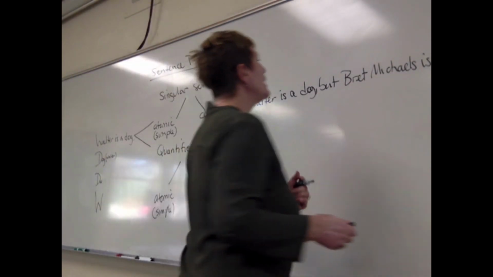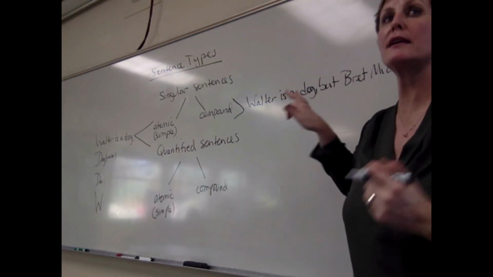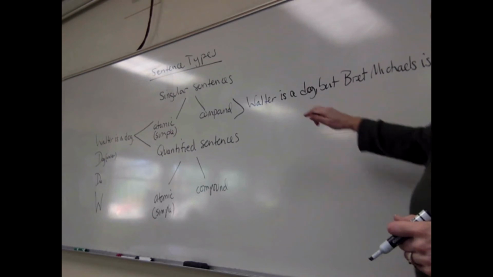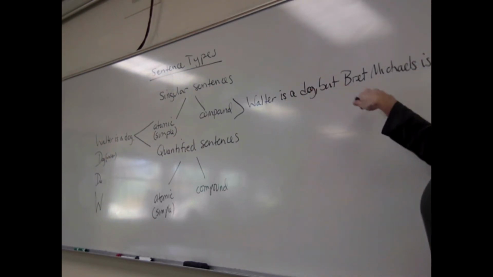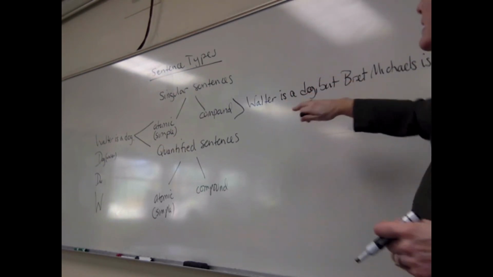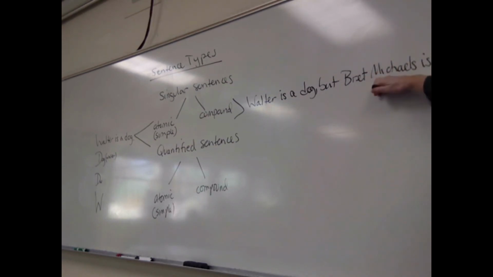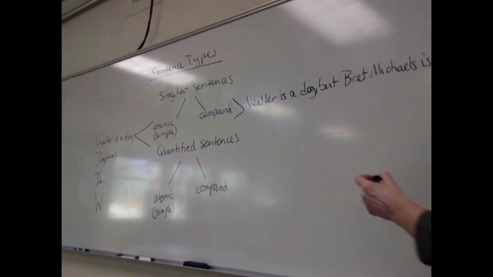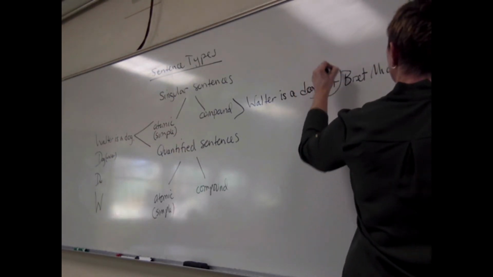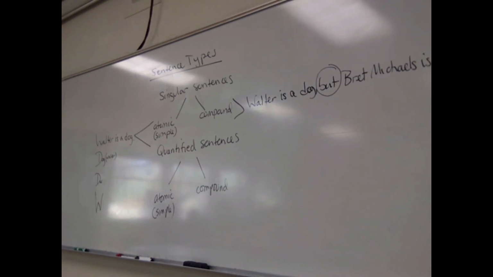So we have a compound sentence because we not only have at least one atomic sentence, Walter is a dog, Brett Michaels is a dog, right? The is a dog is implicit here. But we also have what are known as connectives. We got the word but, and then we have the not, which is a negation.